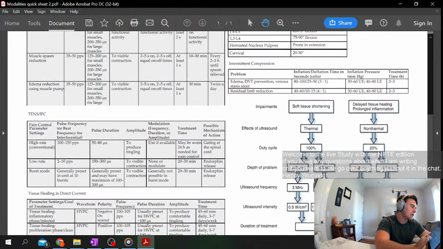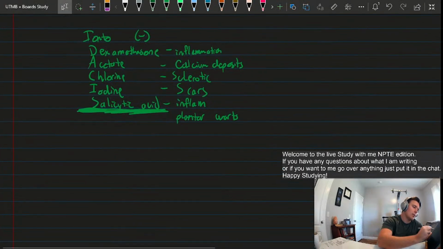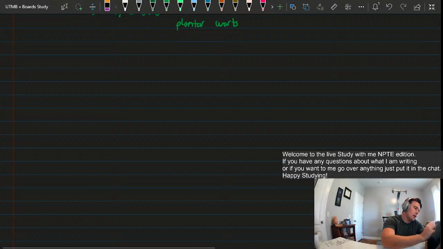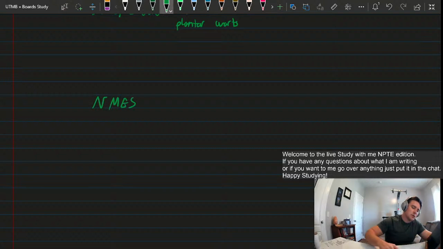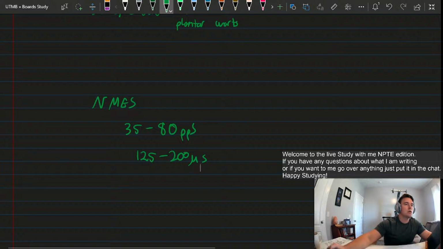There's been a lot of NMES questions, so we'll go over that. What I'm going to write on my paper on Thursday is just NMES. That's going to be 35 to 80 pulses per second, and then 125 to 200 microseconds.